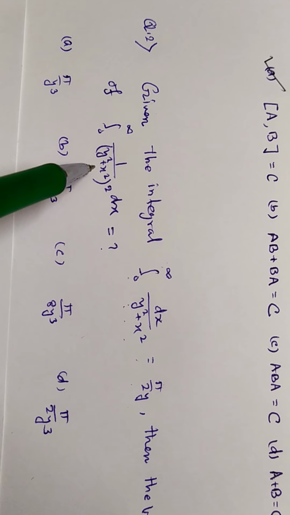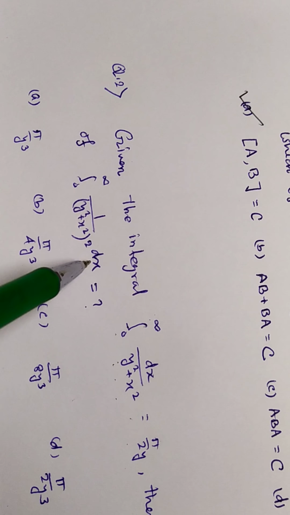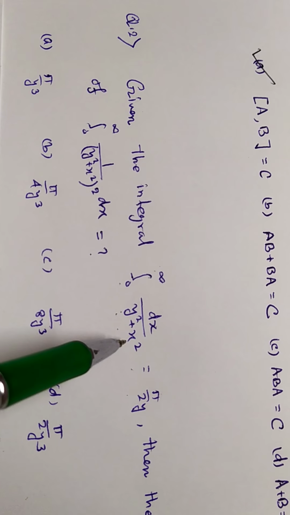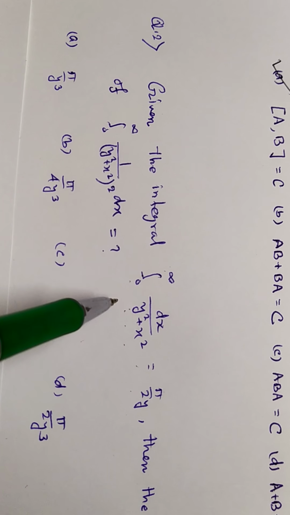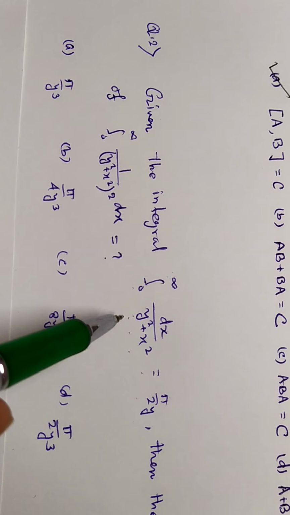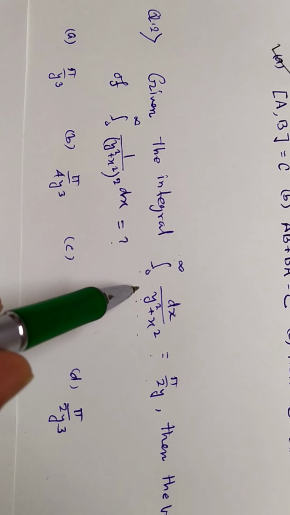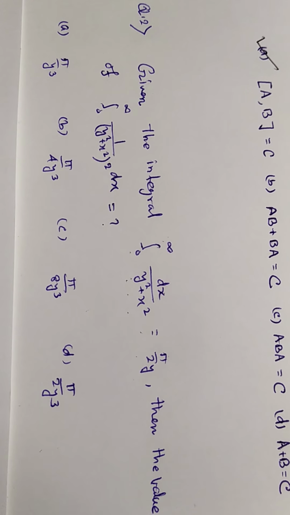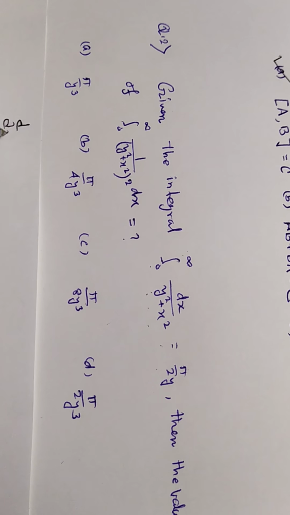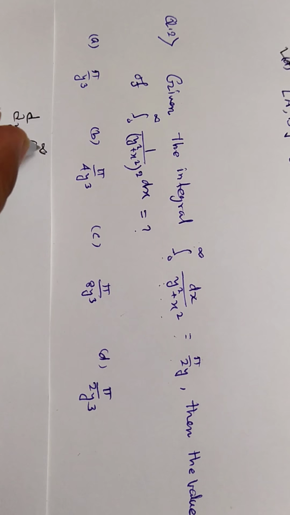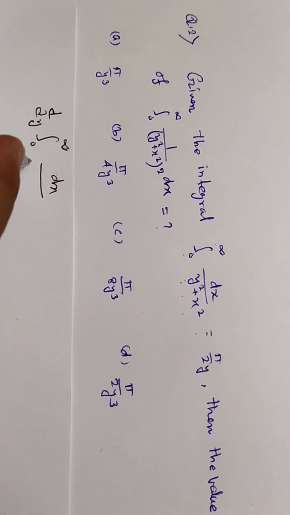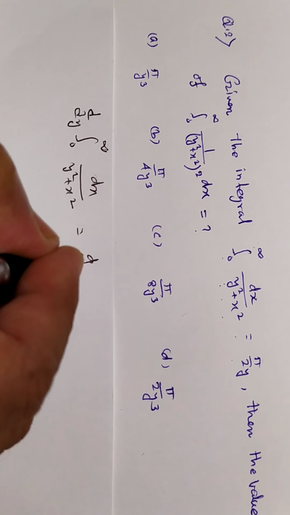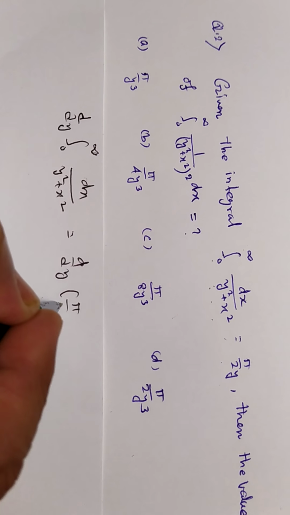We have the integration over x, but we have to bring the square of y square plus x square in the denominator, and therefore we should attempt a derivative with respect to y on both sides. If you take the derivative, d dy of the integral 0 to infinity dx by y square plus x square equals d dy of pi by twice y.